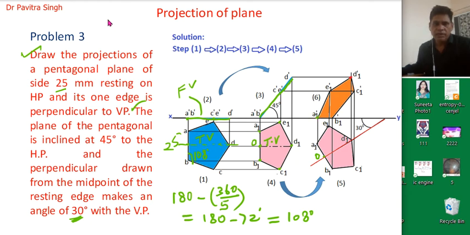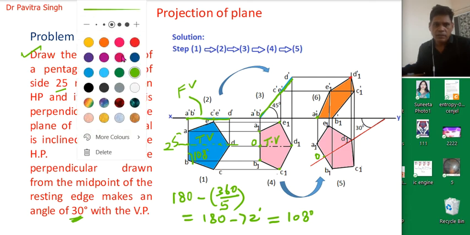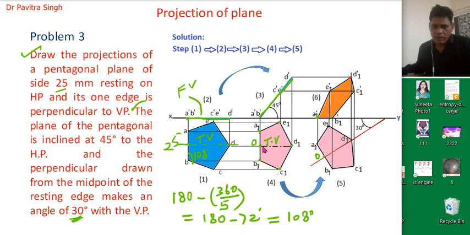Similarly, a horizontal line from point B dash and a vertical line from B1 will give you this point B1 dash.